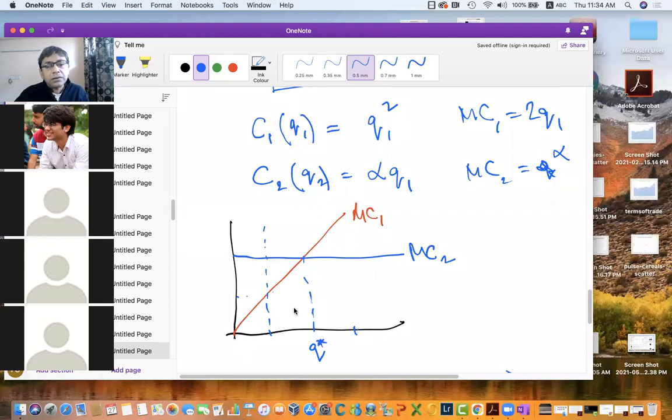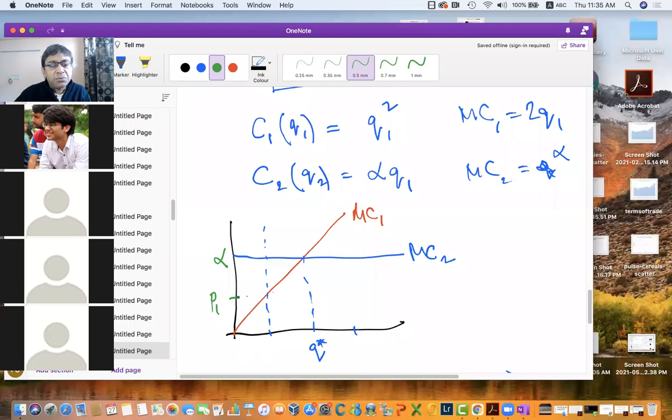So it will be 0 if price is less than alpha, and it will be infinity if price is greater than alpha. Basically, consider all prices. So this is alpha. If the price is here, then the price is below the marginal cost of the second firm. Now, the factories are owned by different price-taking firms. So firm 2 doesn't produce anything at all.